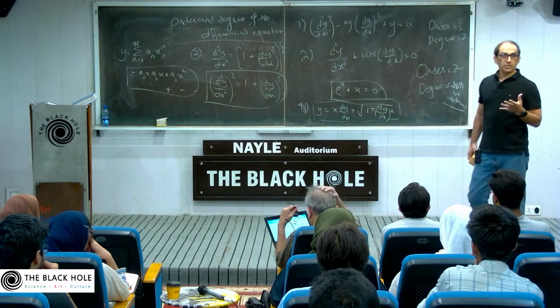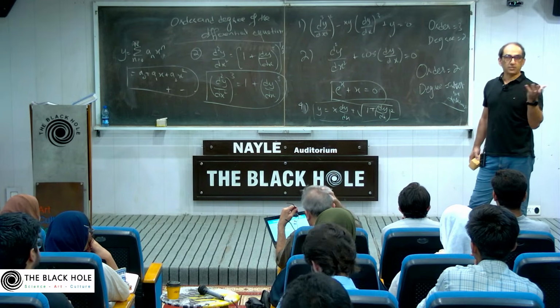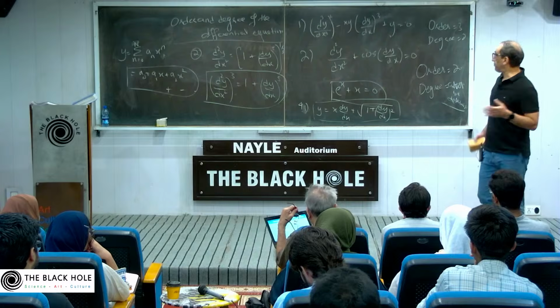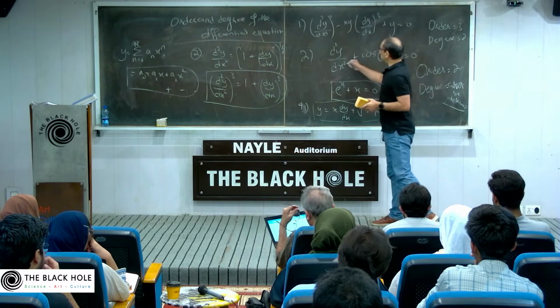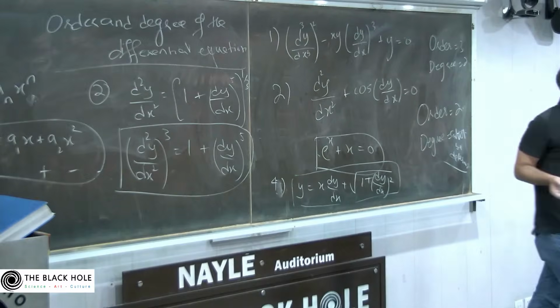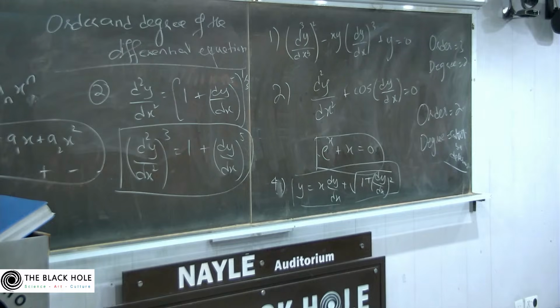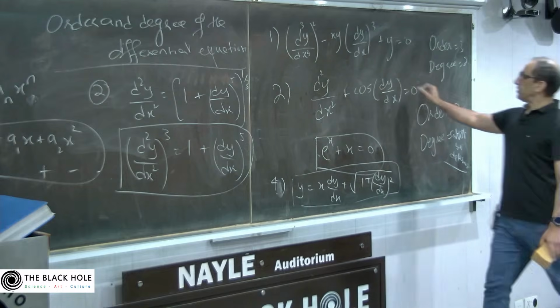Order and degree, you just simply can't do like this. Otherwise, in this particular equation, it appears very obvious that the degree is 1 and the order is 2. But that is not the case because something over here is not determined.